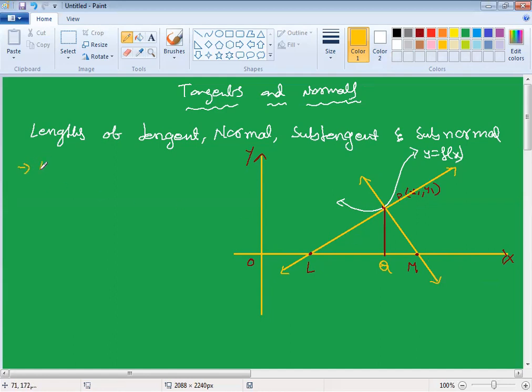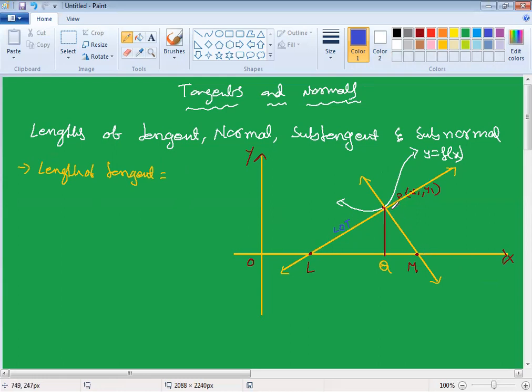What about the length of tangent? Length of tangent from where to where? Length of tangent is from this point to where the line meets the x-axis. That is the length of tangent. What about the length of normal?